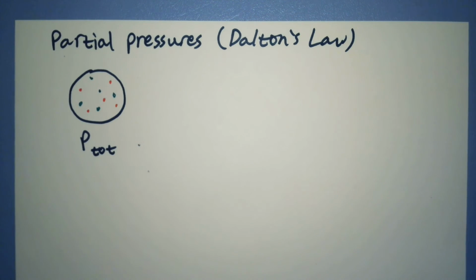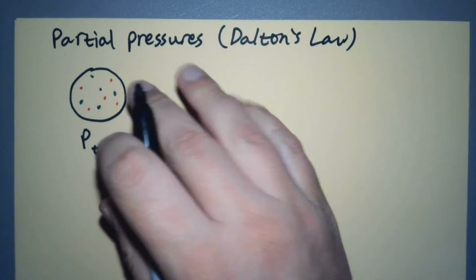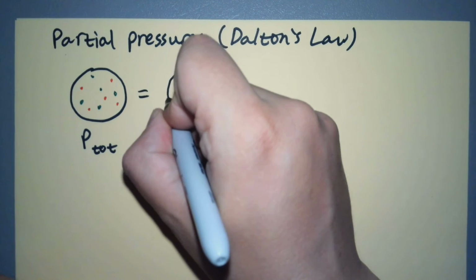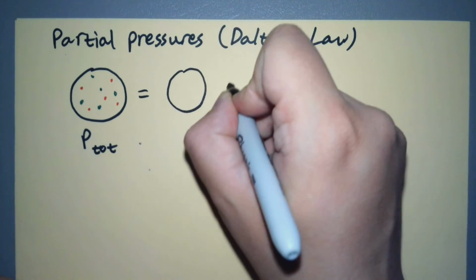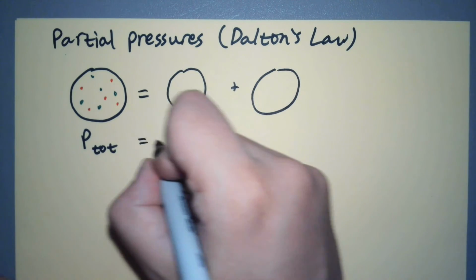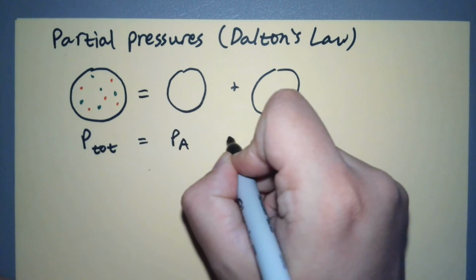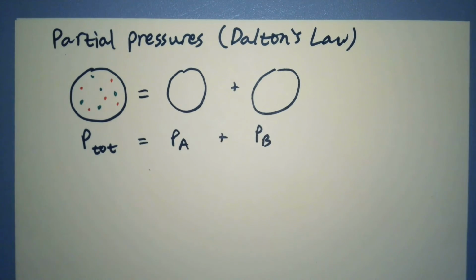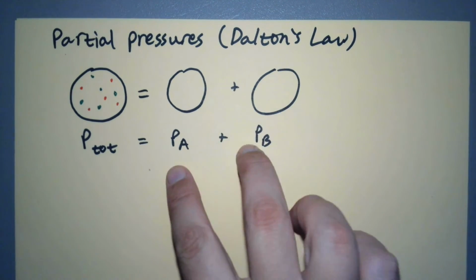Well, this total pressure, because again, they're acting independent of each other, I could figure out the pressure of one gas and the other gas and then add those two gases together.